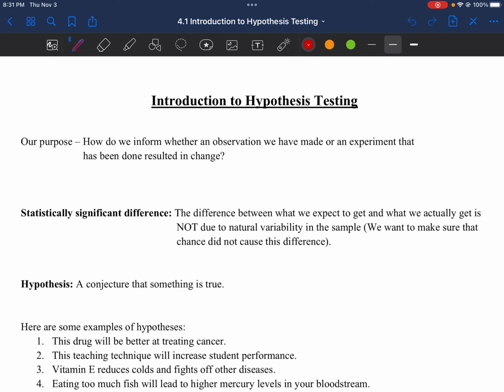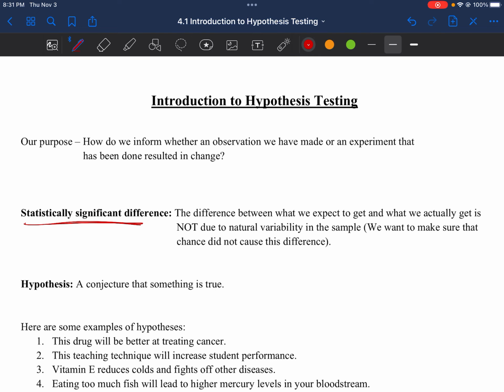Did I just happen to pick somebody or a group of people where the mean varies from the population mean, but it's just because there's natural variability in any sample that I take? So what we're really looking for here is that something is statistically significant, okay?